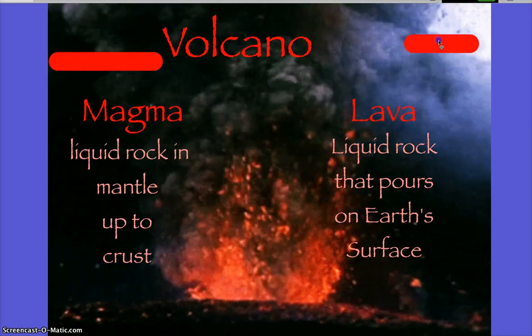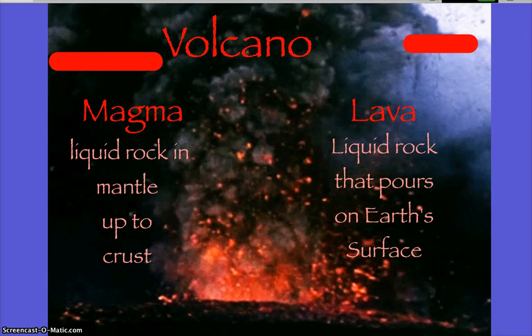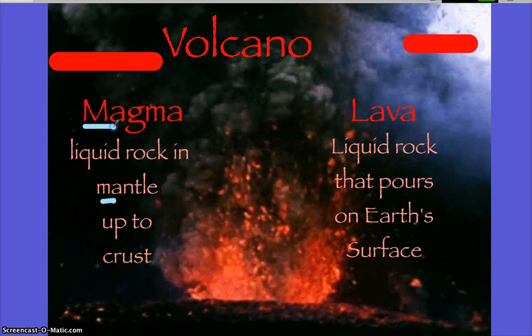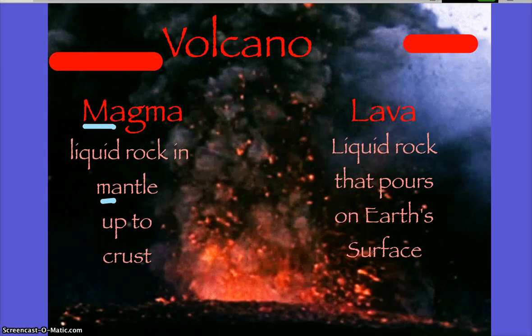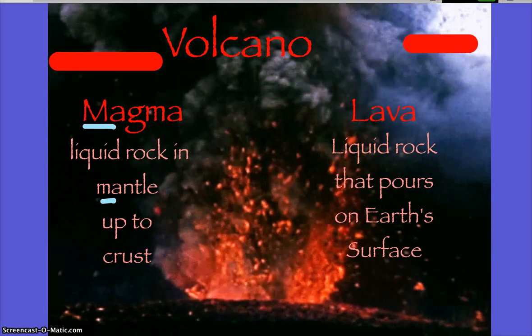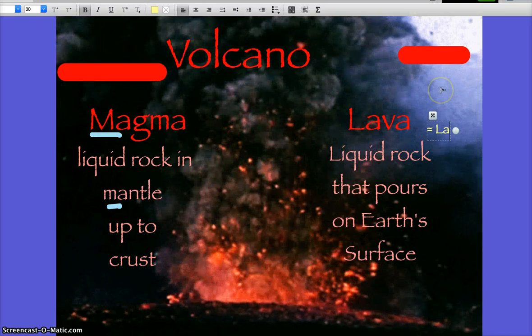So L for lava, L for land, M for magma, M for mantle. So underground, our liquid rock is considered magma. Once it pours out of the surface or through the crust and hits land, it's considered lava. So we'll do lava equals land.